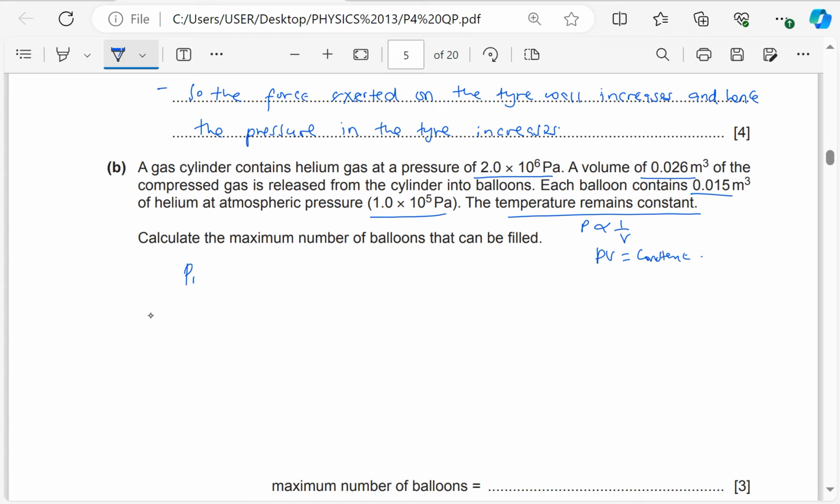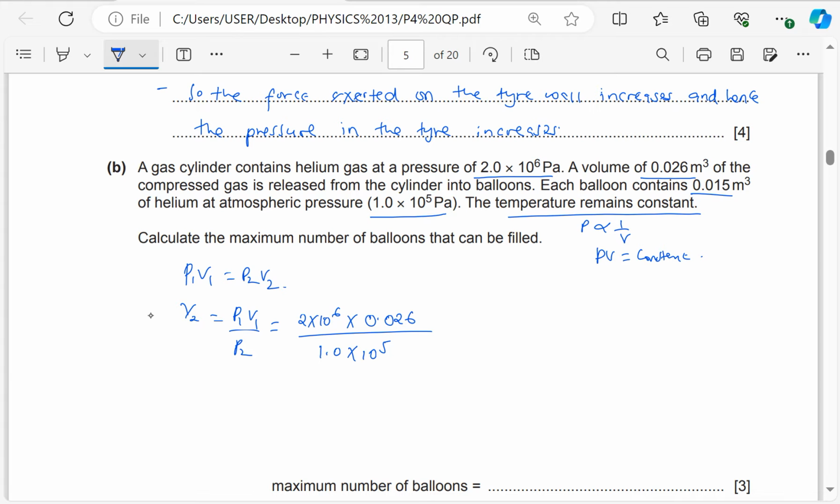We know that P1 V1 is equal to P2 V2, or PV is equal to a constant. So V2 is going to be equal to P1 V1 divided by P2. P1 is 2 times 10 to the power of 6. Volume 1 is 0.026. P2 is 1.0 times 10 to the power of 5.